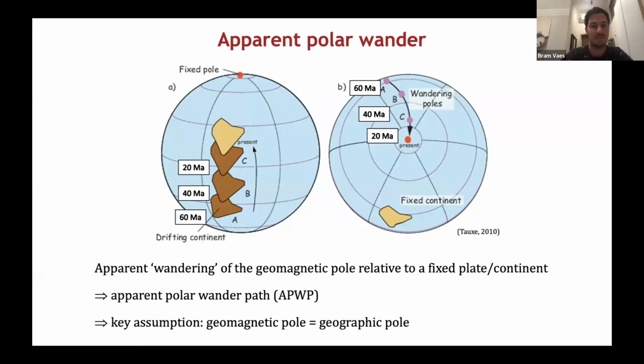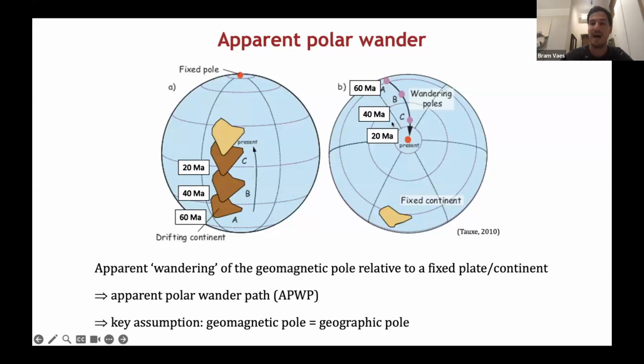If you collect paleomagnetic data from the rocks of those different ages, then you would see the past paleomagnetic pole position wander away from the present day North geographic pole, going back in time. And this is not because the paleomagnetic pole has moved in time, but because the continent itself has moved. At least that was the interpretation in the 50s, and we still believe that.